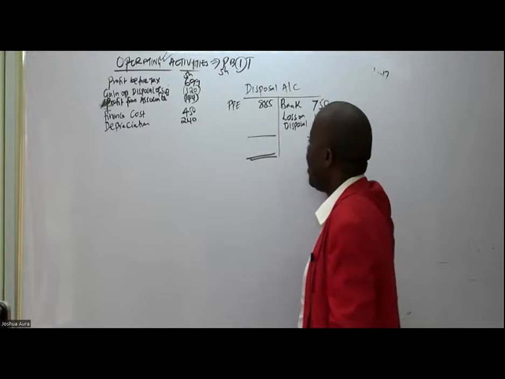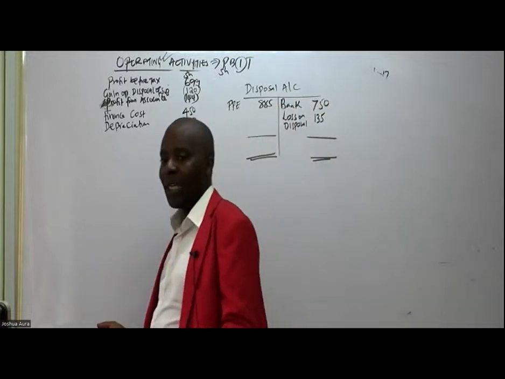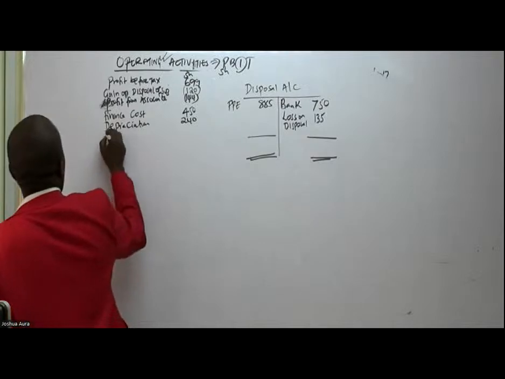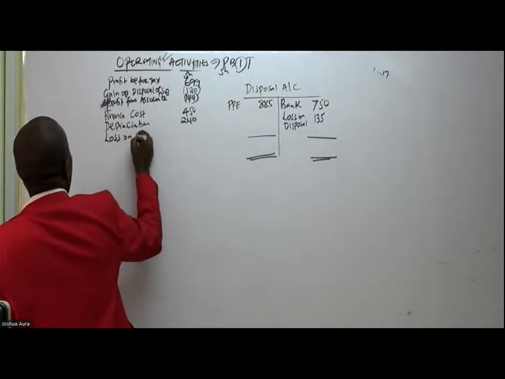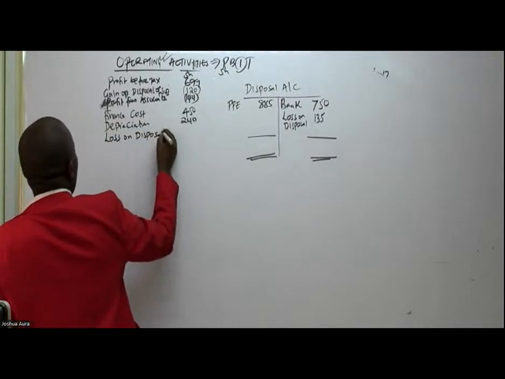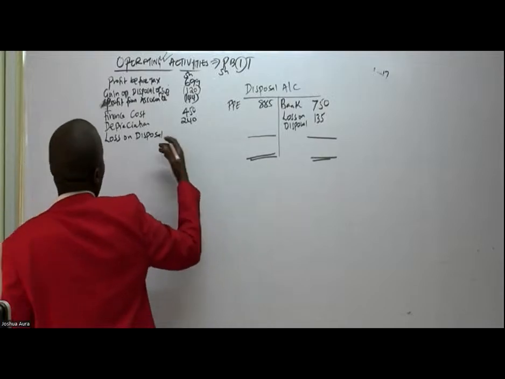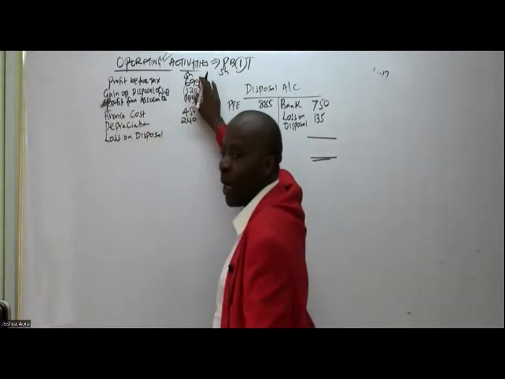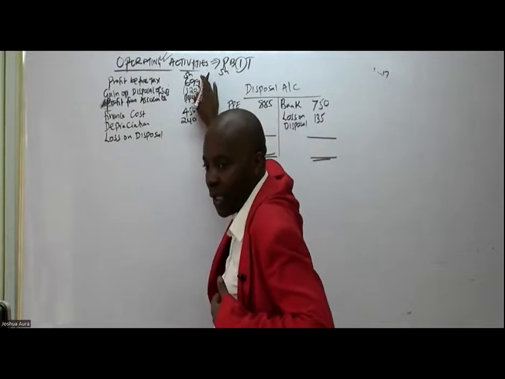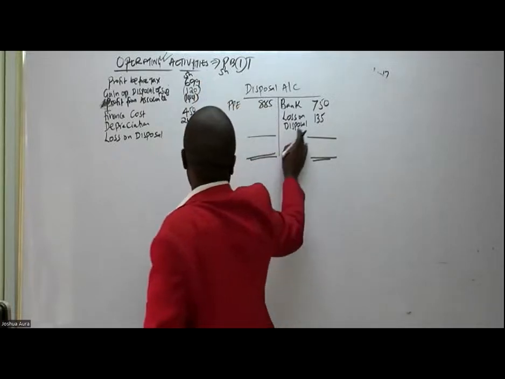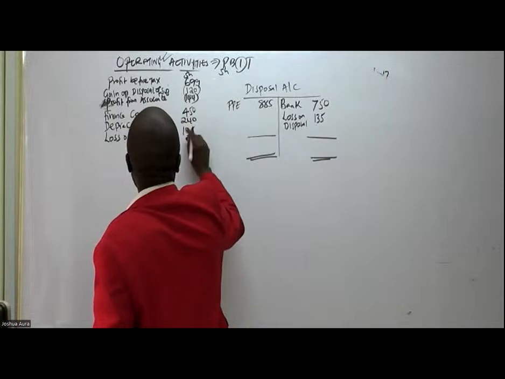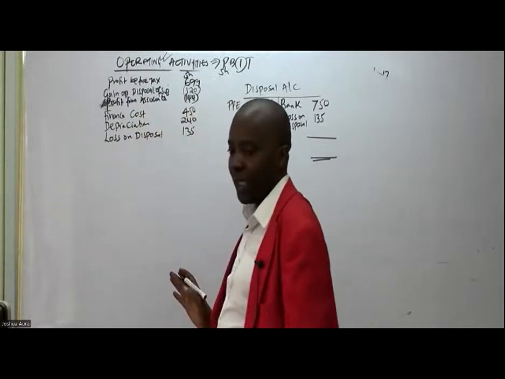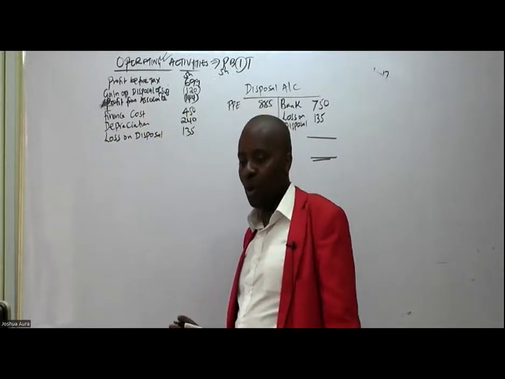So we bring this loss on disposal here because it's a non-cash item. This loss on disposal is like an expense. They subtracted it while arriving at this figure, so ourselves, we need to add it back. So we have 135, and we are leaving it positive like that.